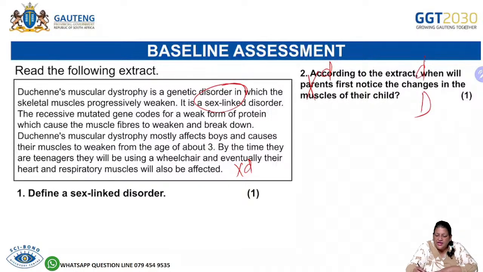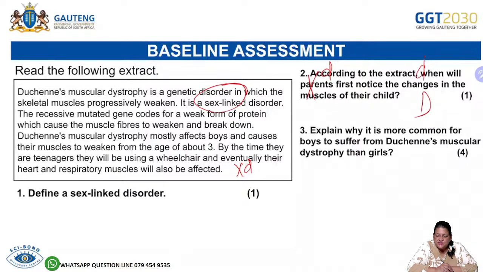According to the extract, when will parents first notice the changes in the muscles of the child? And you can see around 3 years of age. Explain why it is more common for boys to suffer from Duchenne's muscular dystrophy than girls. Why? Because remember, if you're a boy, you are XY, right?